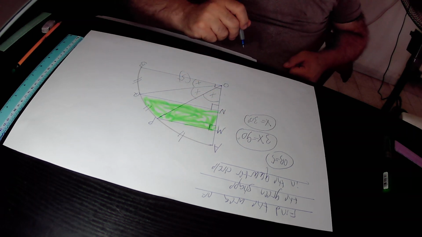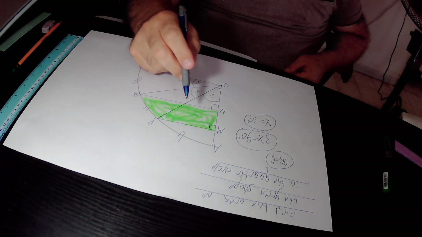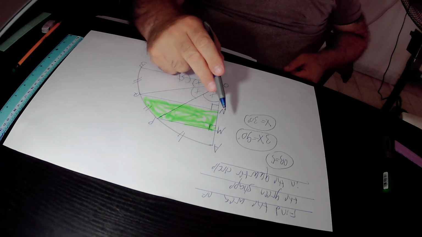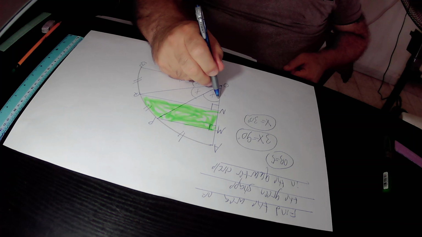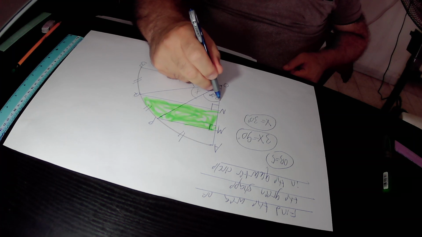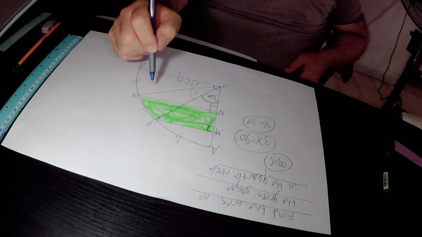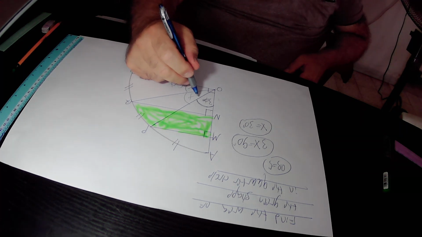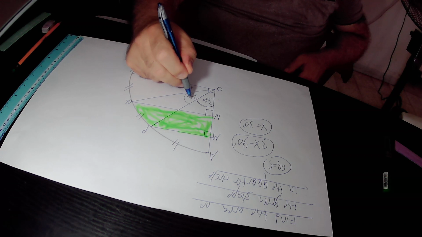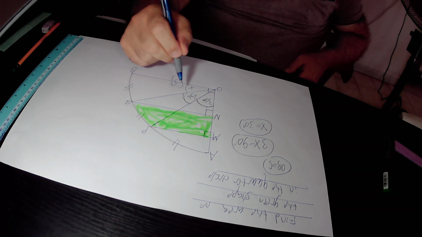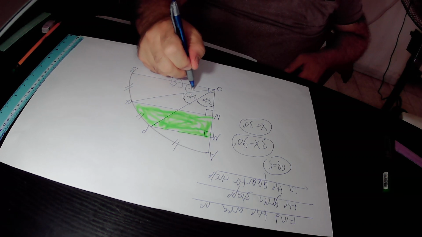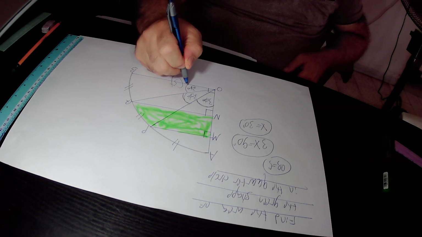So the missing central angle AOP equals x, which is 30 degrees in its size. Likewise, the missing central angle POQ also equals x, 30 degrees, and finally the missing central angle QOB equals x, 30 degrees in its size.